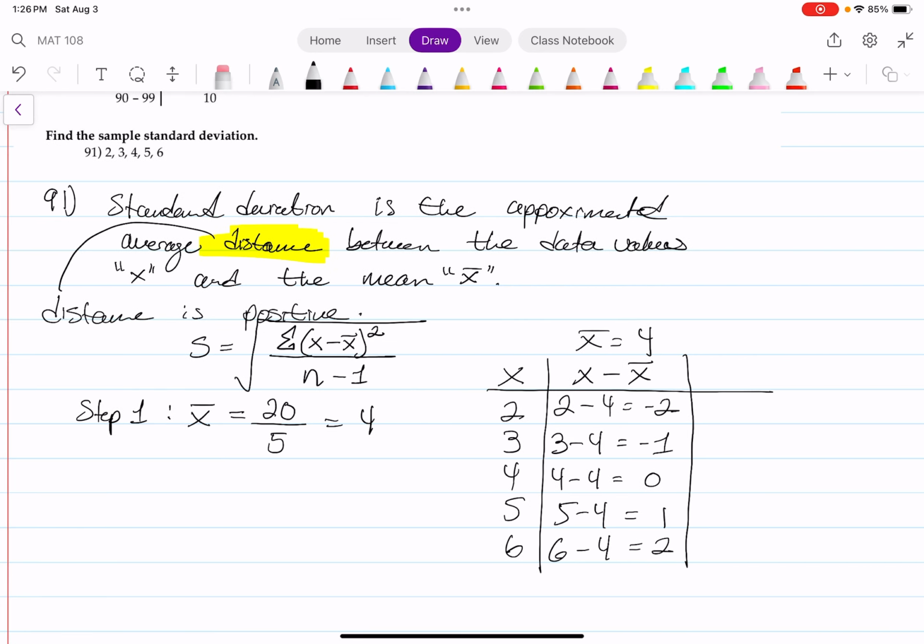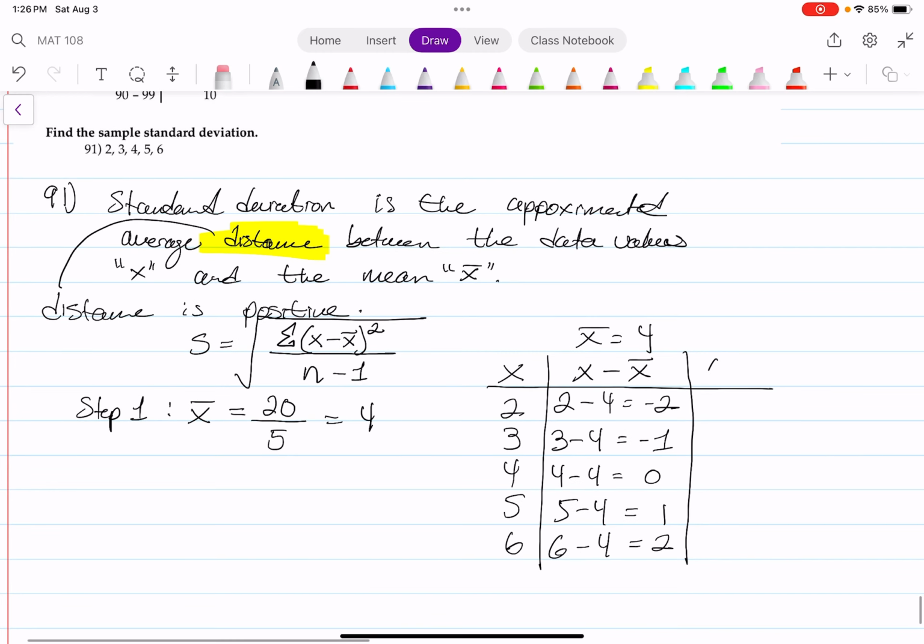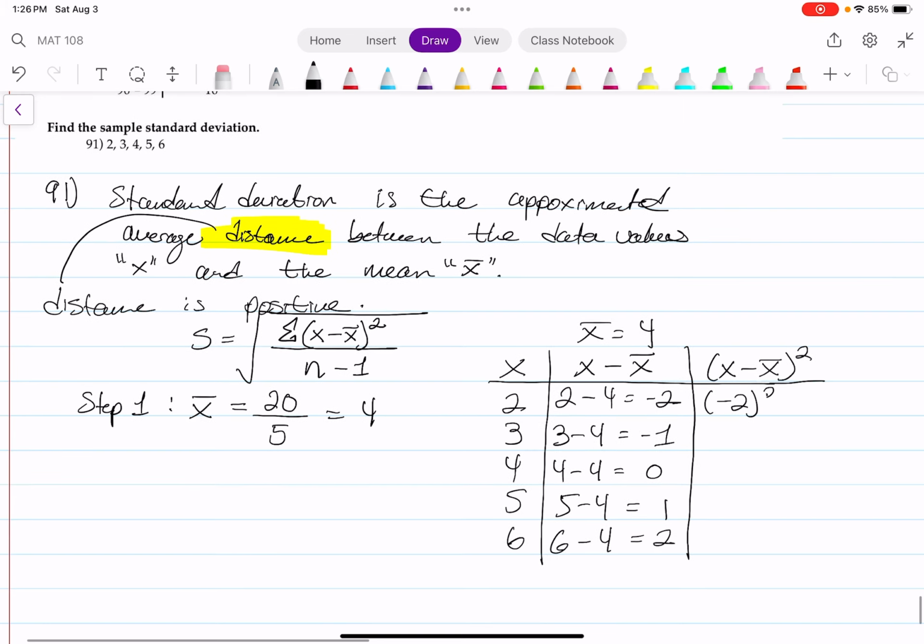Now we're not done. We're following PEMDAS. We did the inside of the parentheses. Next is exponents. We're going to square each of those deviations. So square the deviations first before you add them. Negative 2 in parentheses squared. When you square a negative number, it comes out as positive. Square means you're multiplying the number by itself twice. Negative times a negative is a positive.